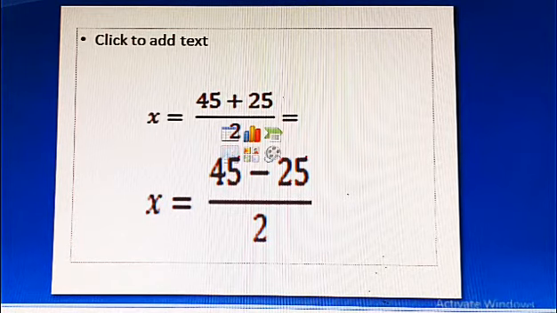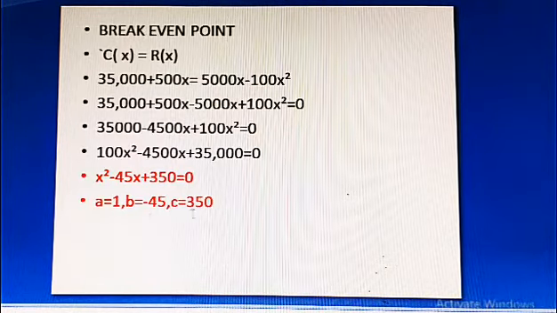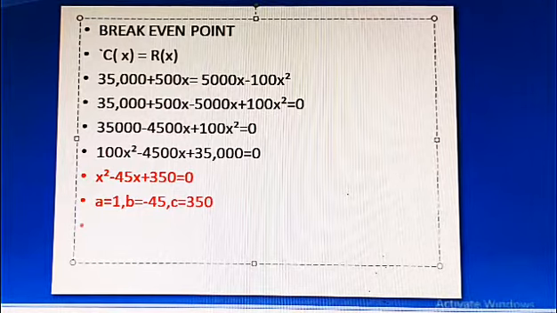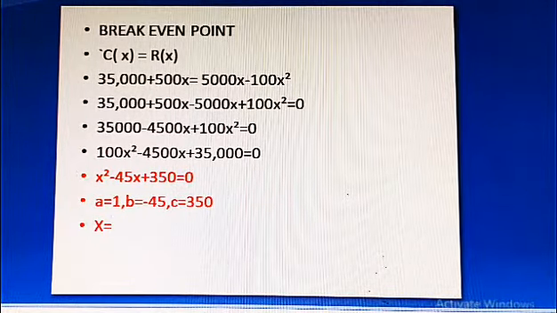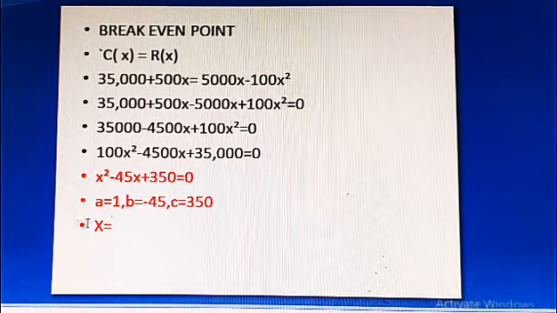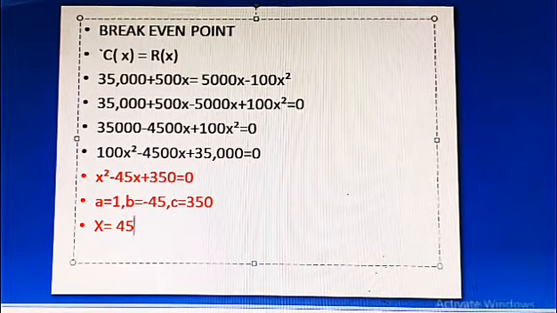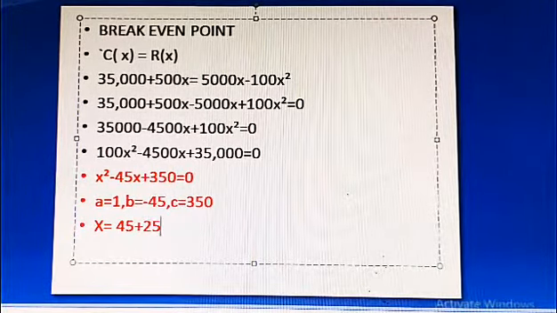Okay students, so now we are going to get the value of x. There are two terms. X is equal to, what is the first term? What value we got? We got 45 plus 25, the whole term divided by 2.